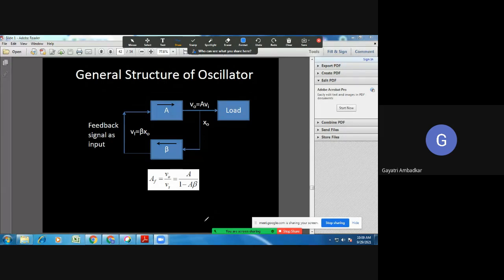Speak something. Have you heard this name before? Yes. Okay, what does that oscillator do? Produces an electric signal.